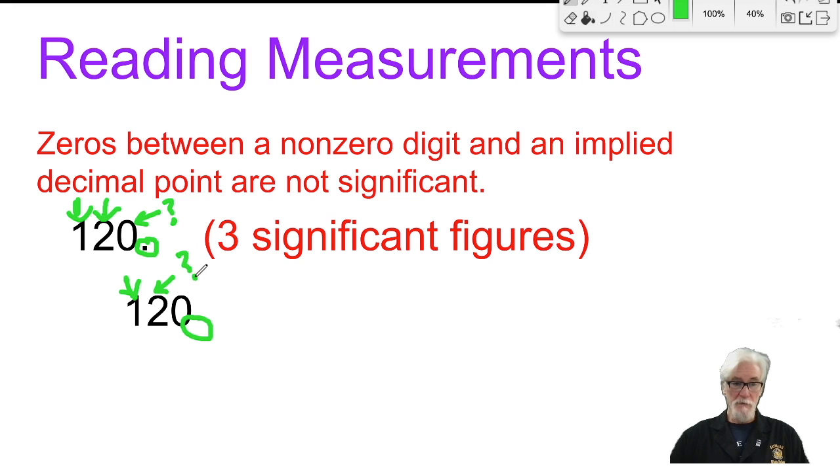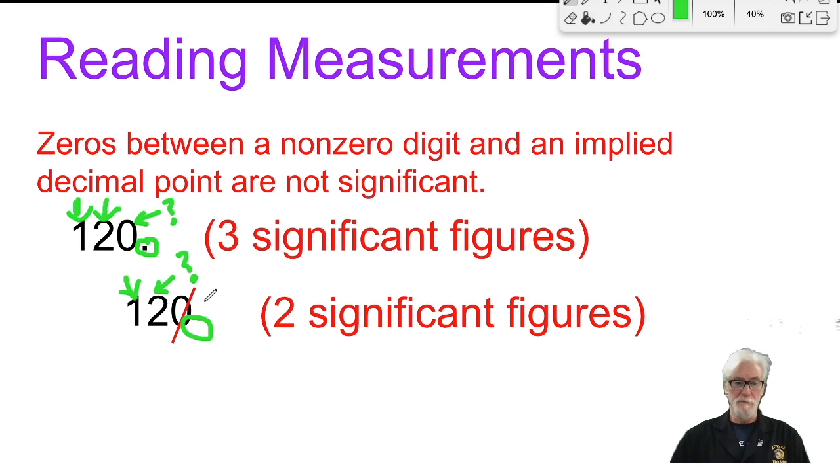And so that is where the variability lies. So they're saying it could be as low as 110 or as high as 130, and I have no idea what the ones place is with my measurement tool. So that last 0 there is between a non-zero digit, the 2, and an implied decimal point, one that isn't actually written. And so only the 2 first digits are significant. There are 2 significant figures here.